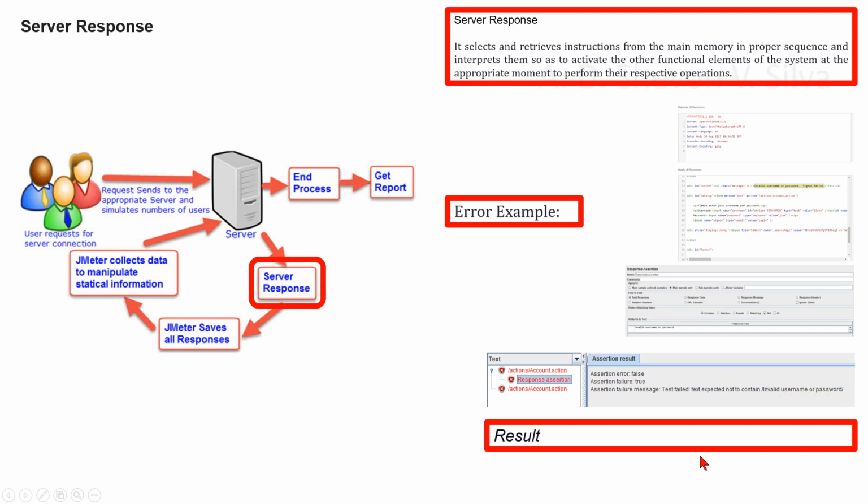Here, by looking at the HTTP response, we can see that actually this is a 200 code. This is a response from a screen with fields to enter username and password.